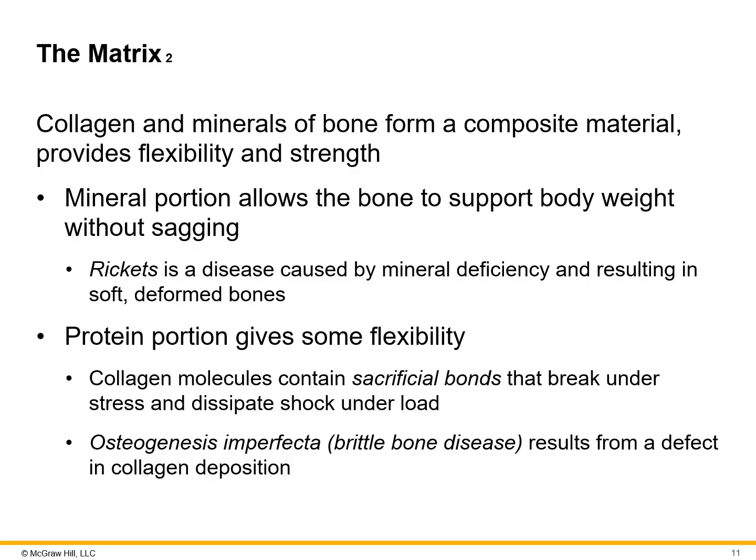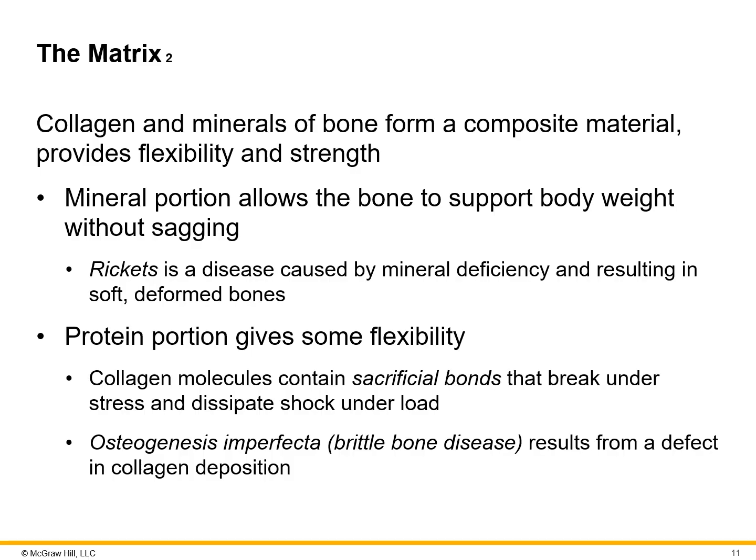The collagen and the minerals working together, the collagen being part of the organic portion and the minerals being part of the inorganic portion, are going to form a composite material that gives bone this combination of flexibility and strength.